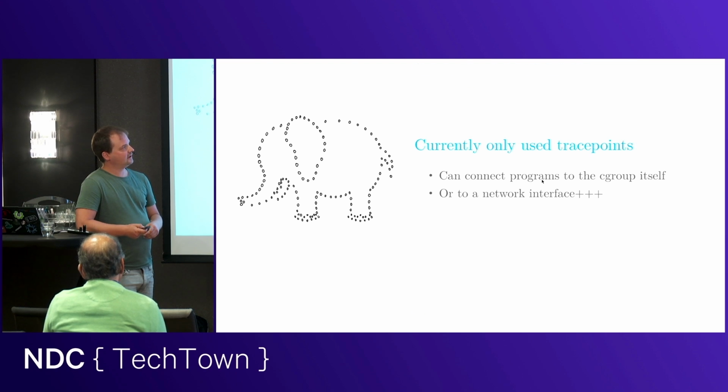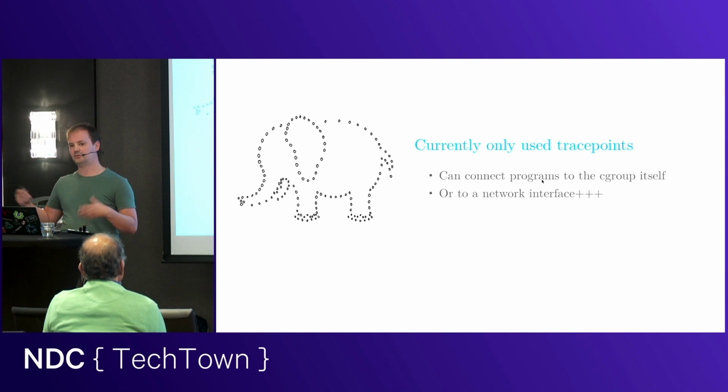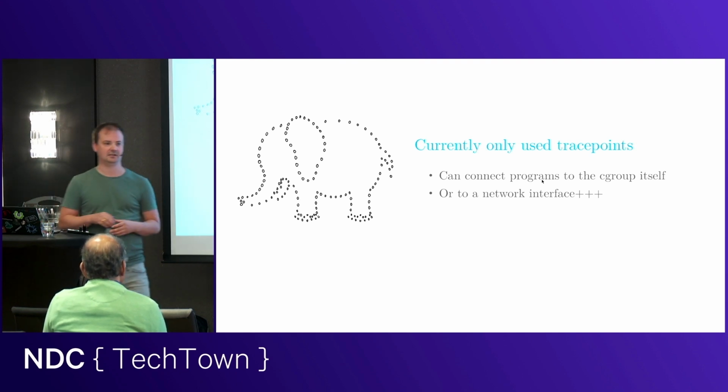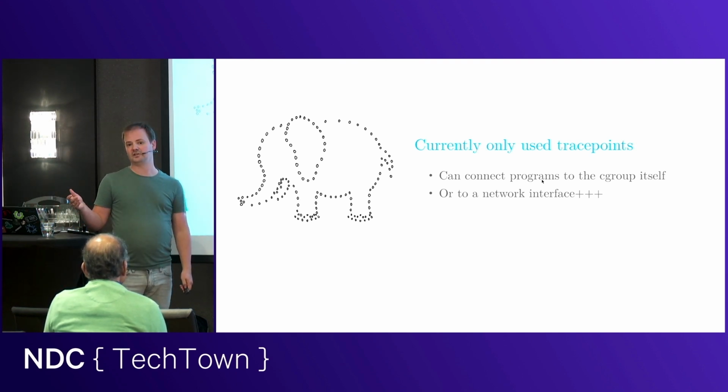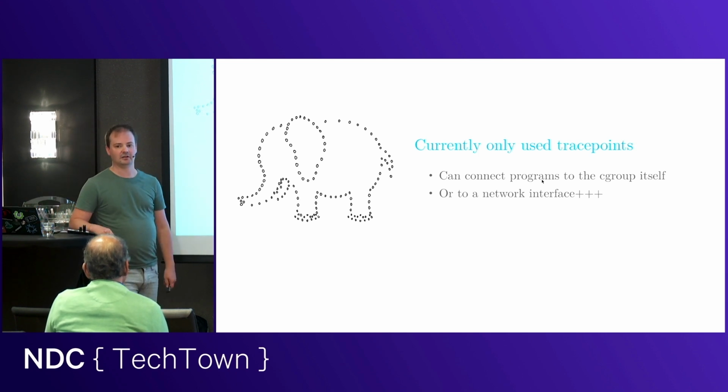So let's look into how you can connect a network program to the Cgroup itself. So I create a Cgroup, and now I want to actually do something more than just limit the memory. I also want to, say, do traffic shaping or some decision on the networking layer of processes that I put into this Cgroup.